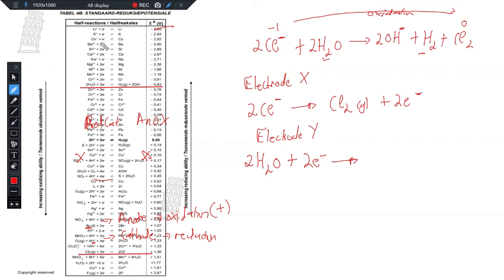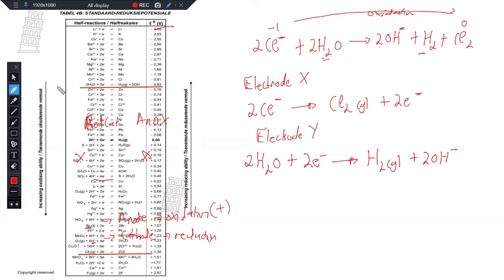Everything in here has been written in the format of reduction. And then this is your H2 gas plus the 2OH⁻, exactly as it appears there. So that means in electrode X, that's what you have. That's your anode. And then here, that's your cathode.